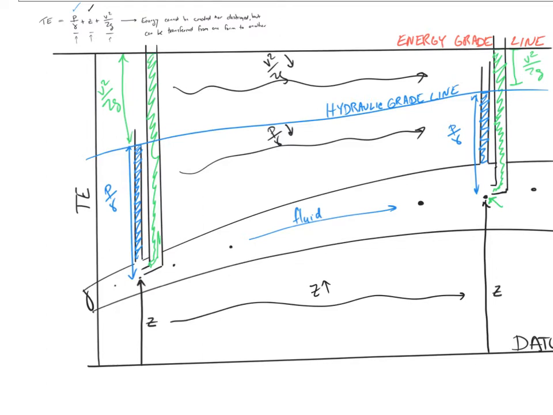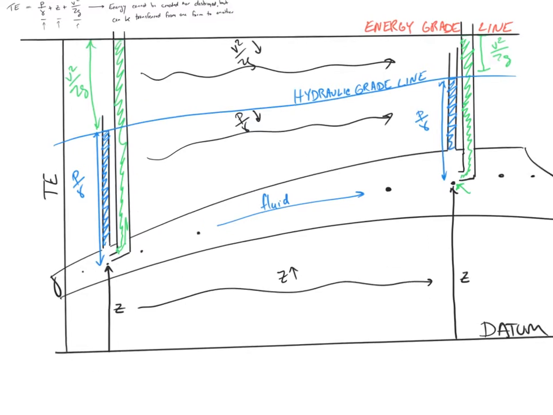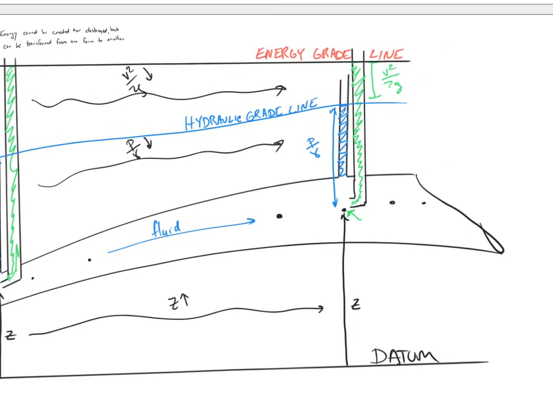So the energy grade line equals P on gamma plus Z plus V squared on 2G. The hydraulic grade line equals P on gamma plus Z. So that's kind of how we get at these two.